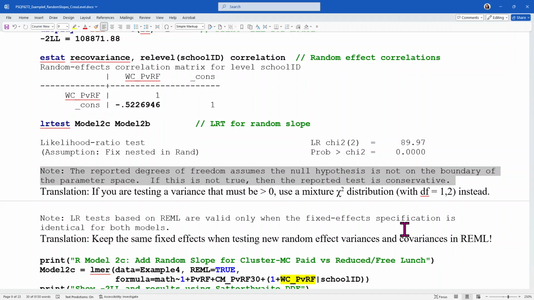It's on the boundary. So if you use a proper mixture chi-square, your critical value for a 2 degree of freedom change is 5.14. If you're like, I don't want to think about this, I'm going to ignore this problem, the critical value is 5.99. So very few cases where this is going to matter. I'm okay with being a little bit conservative, but for anything that's on the bubble, you would want to pay attention to this.